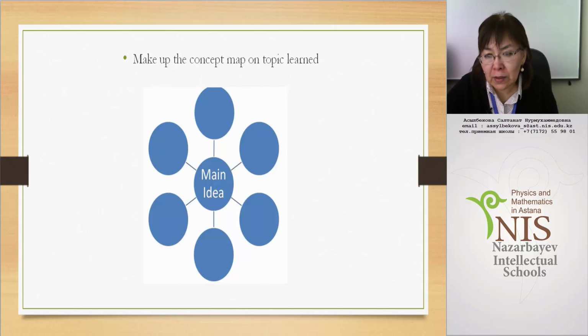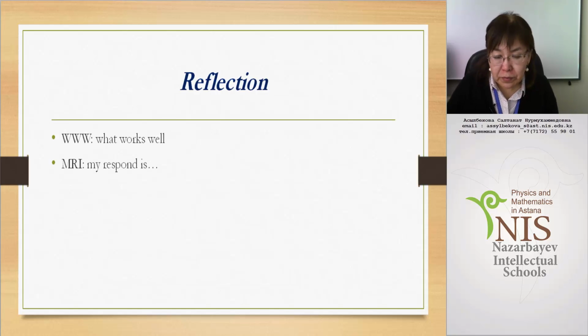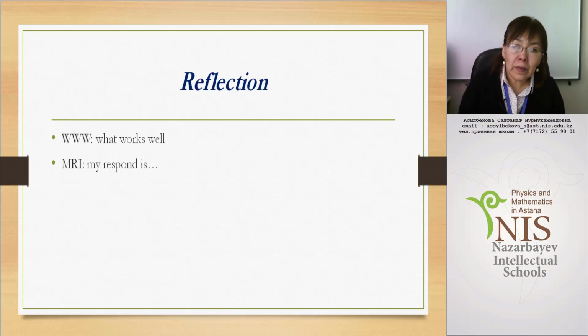Place the main ideas, charged particles, what steps of discovery and investigation you can mention, what main experiments have been done, and what the main conclusions are that follow from these experiments. It's very important to reflect on the things you have learned.